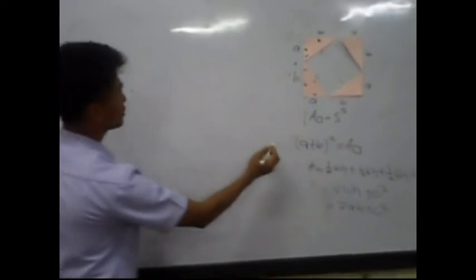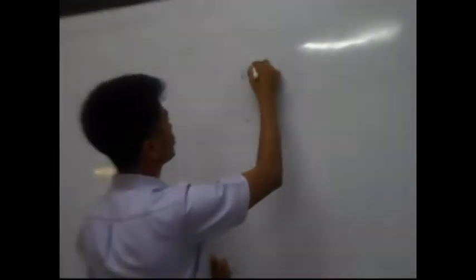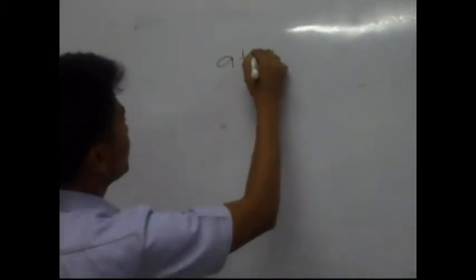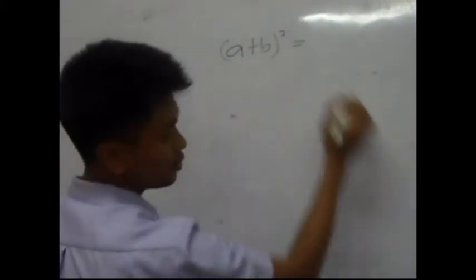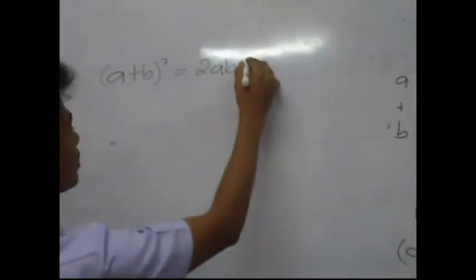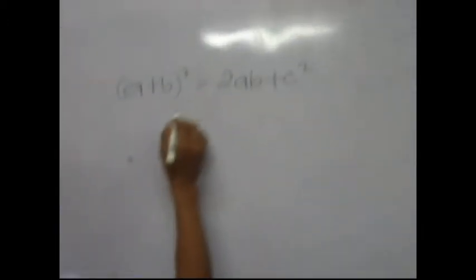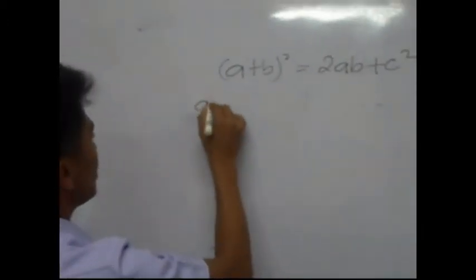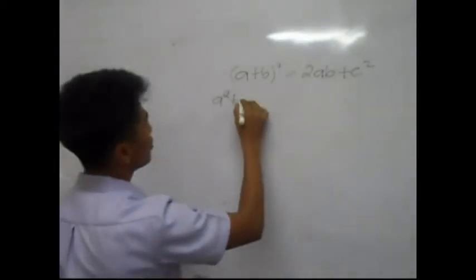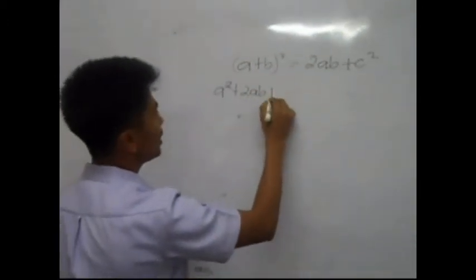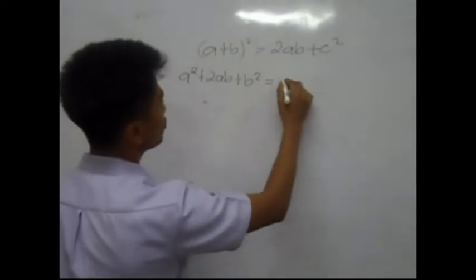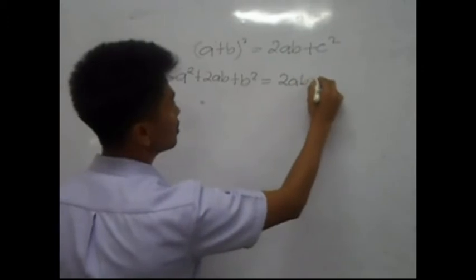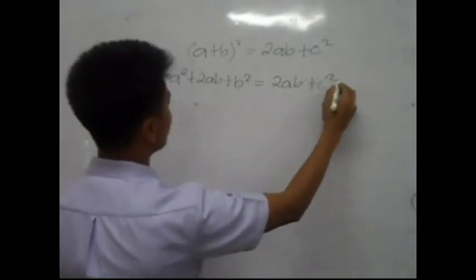Now let's copy this: the area of the square, (a plus b) squared, is equal to 2ab plus c squared. Multiplying this out, a squared plus 2ab plus b squared is equal to 2ab plus c squared.